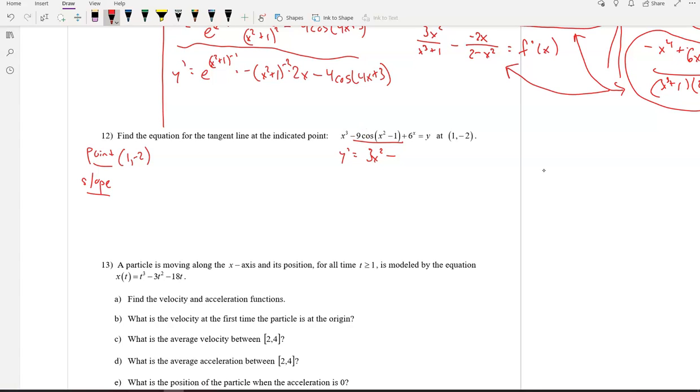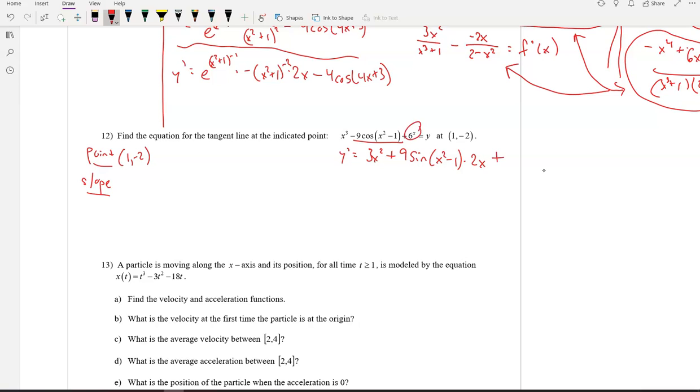You could, but you're making it more complex than you need to. Derivative of cosine with the negative sign becomes plus 9 times the sine of x squared minus 1. But we have that function inside, so we multiply by 2x.